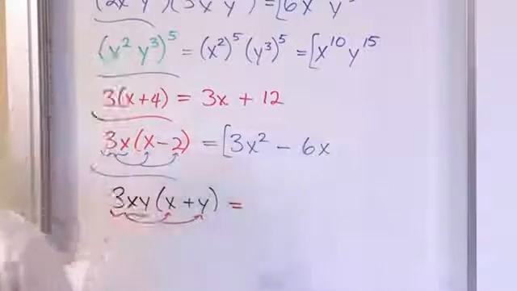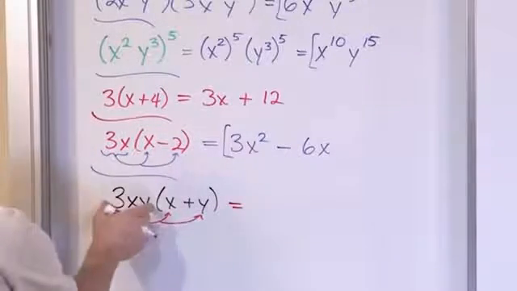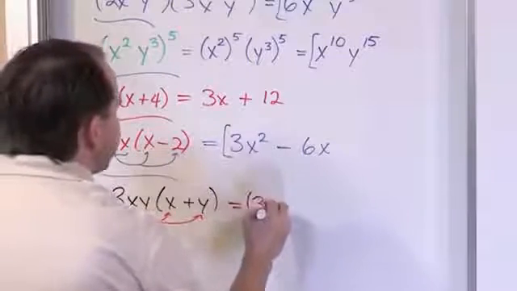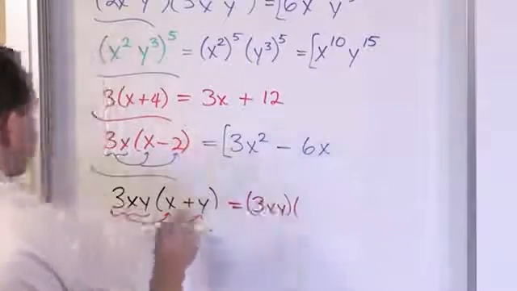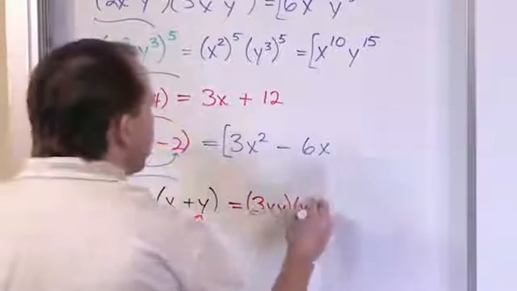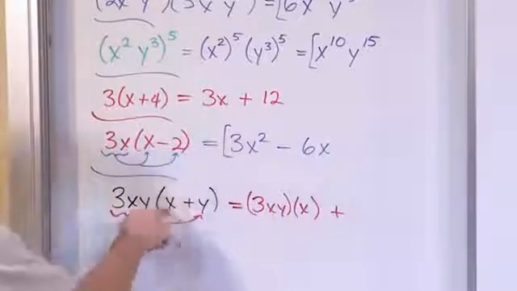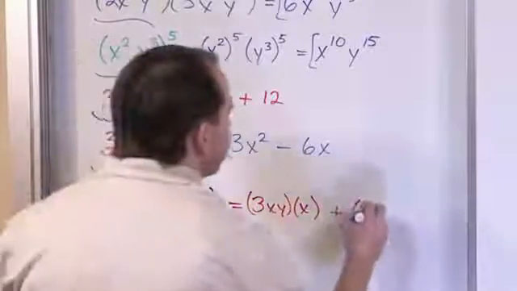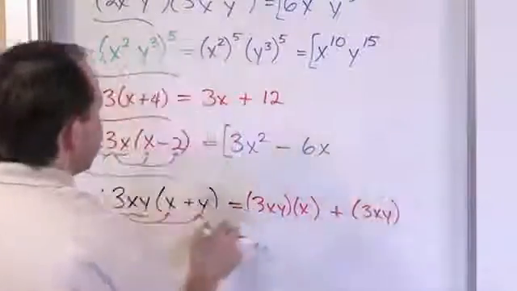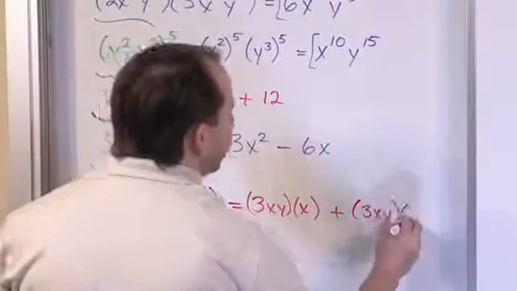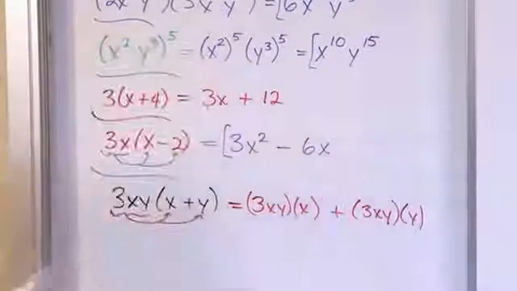So what you're going to have, to be absolutely explicit, you're going to take this 3 times x times y and multiply it times x. And then you're going to have plus because of this plus, and you're going to take this again, 3 times x times y, and you're going to distribute it into this y. Just to be absolutely clear.